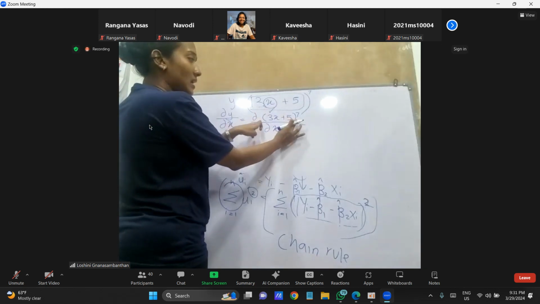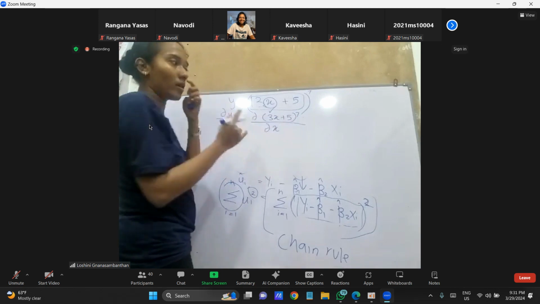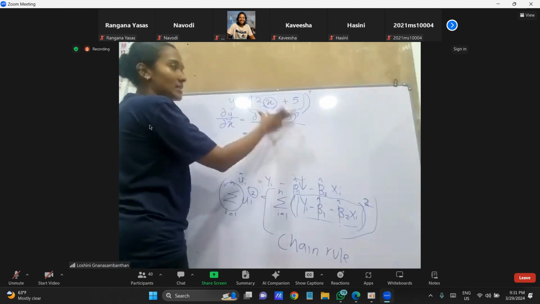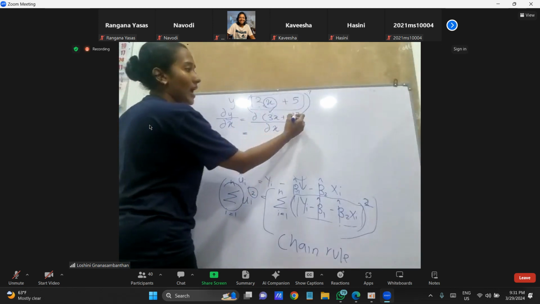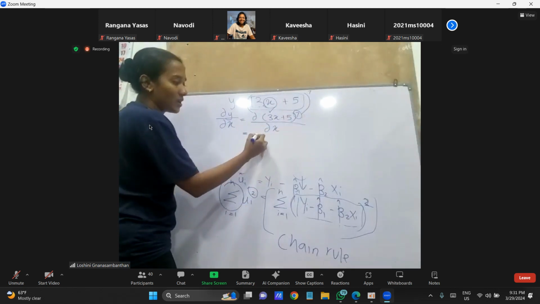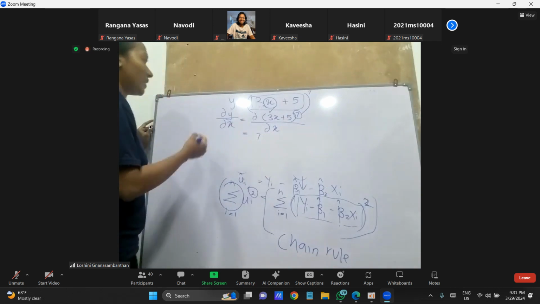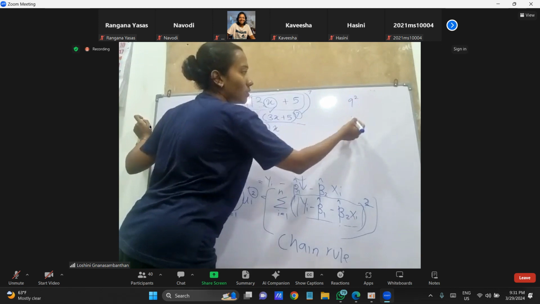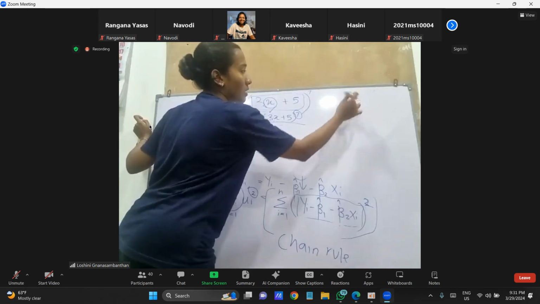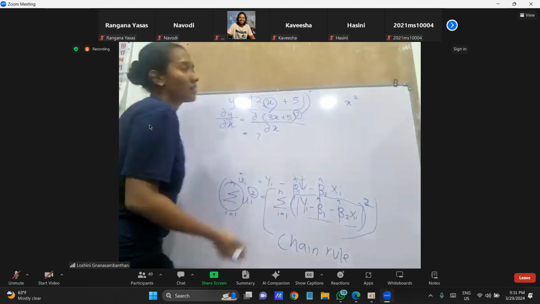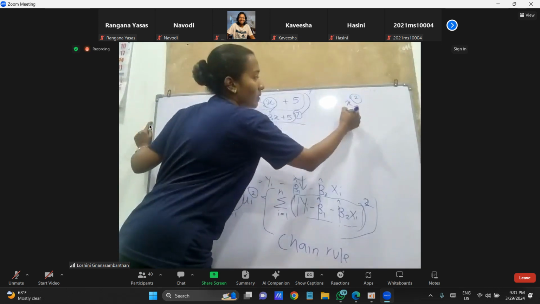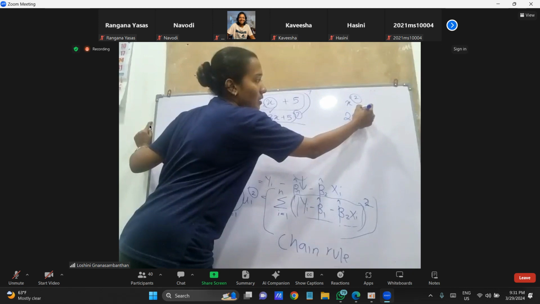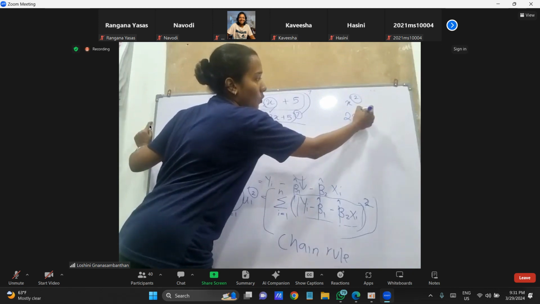What I mean by taking the outer function first is that you take the inner part as it is, and the power you take to the front, like a normal derivative of x to the power 2, which becomes 2x to the power 2 minus 1.